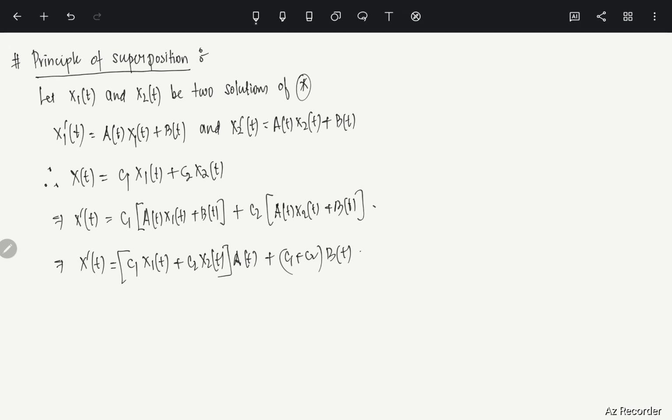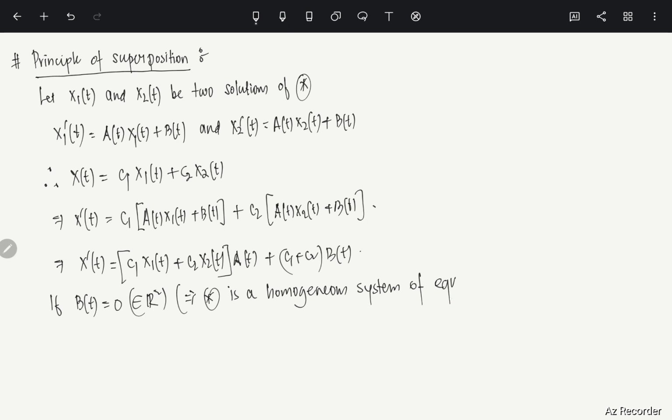Okay, so you see, if b(t) is the zero vector, 0 in R2, so basically I am assuming that there is no b(t), so it is a homogeneous equation. That implies that star is a homogeneous system of equations.